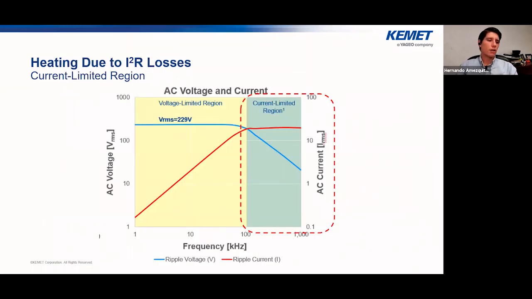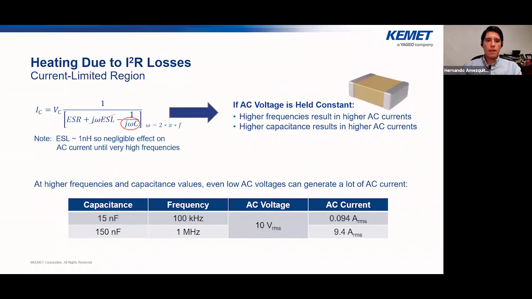So again, there are two regions that we consider: the voltage limited region and the current limited region. And let's start with the current limited region specifically and what defines that. So for the heating due to I²R losses, or the current limited region, we have this equation that you can see here to calculate the AC current going through the capacitor based on the known voltage across the capacitor, the ESR, and the capacitance.